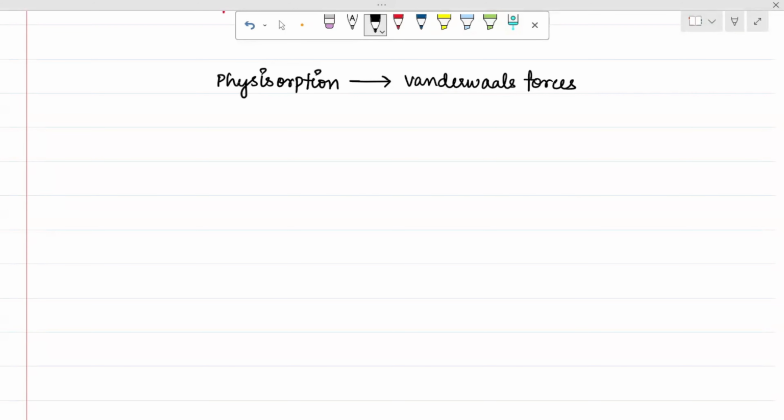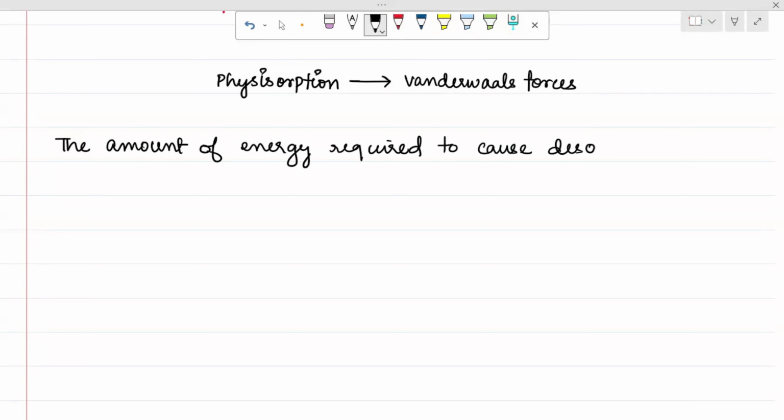So please note it down: the amount of energy which is required to cause desorption is the definition of our topic of discussion.